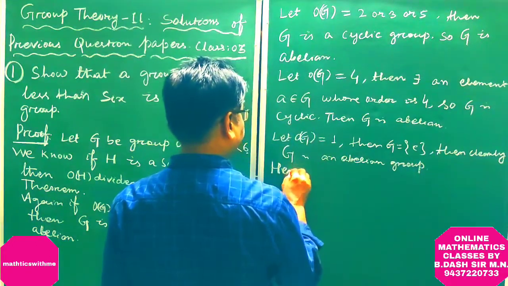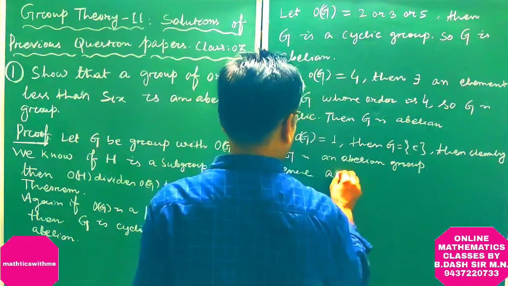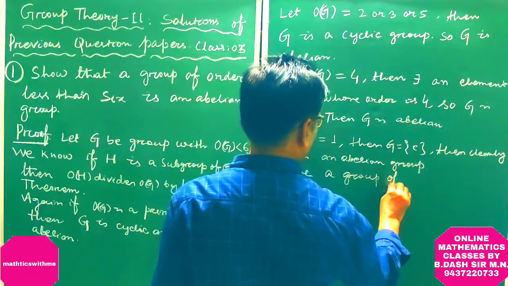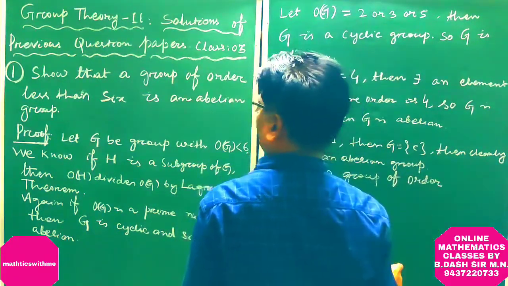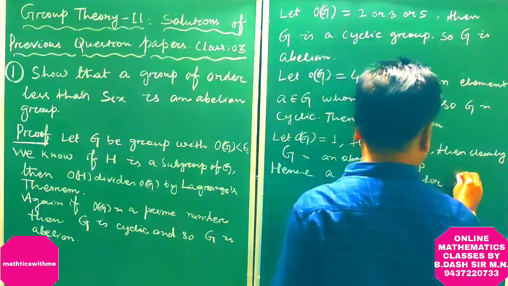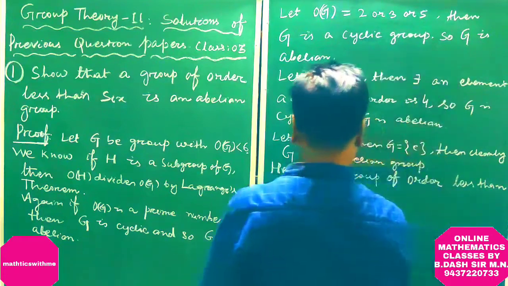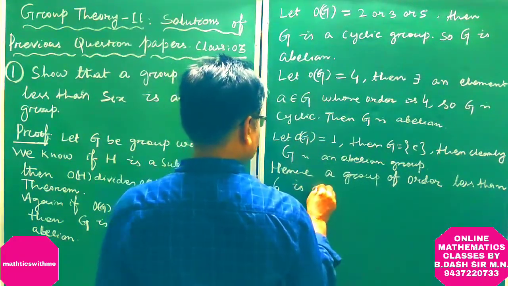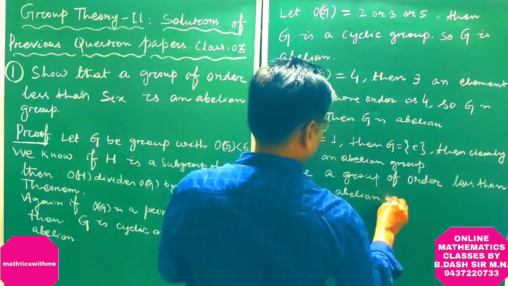Hence, a group of order less than 6 is an abelian group.